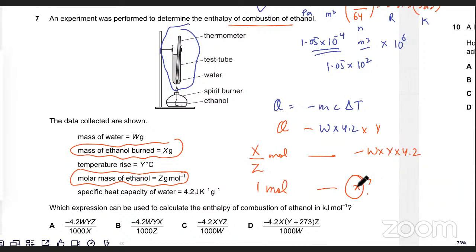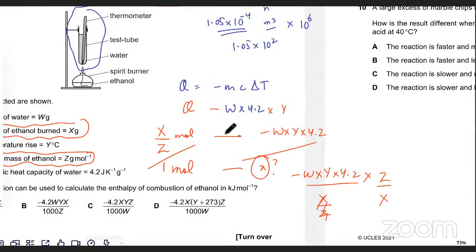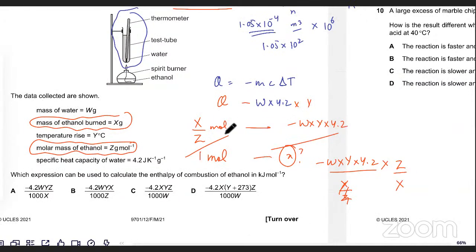If you divide the two things, it's going to be minus W times Y times 4.2, and the whole thing would be divided by X over Z. So in a way, it's going to be multiplied by Z over X. So that's going to be our answer. It's going to be minus WYZ times 4.2 over X.